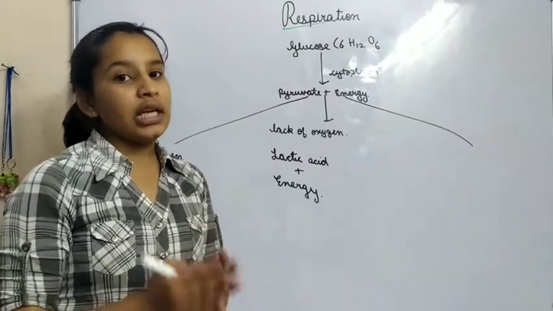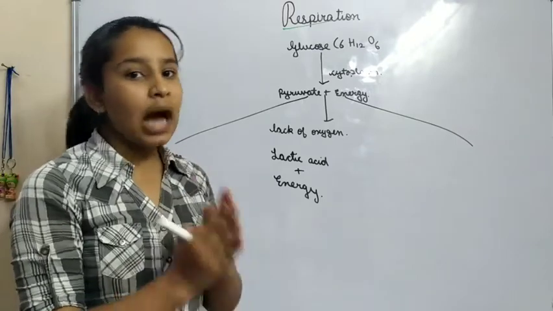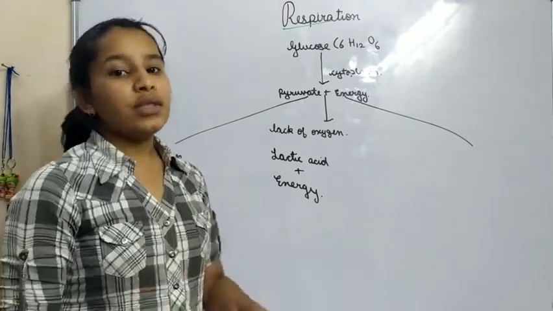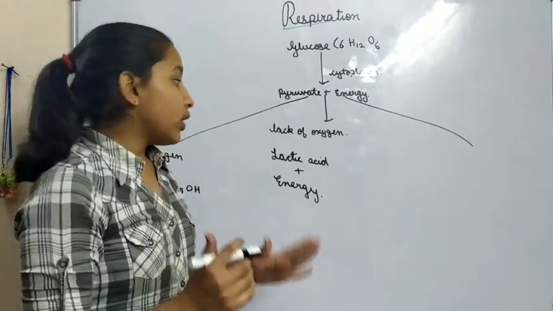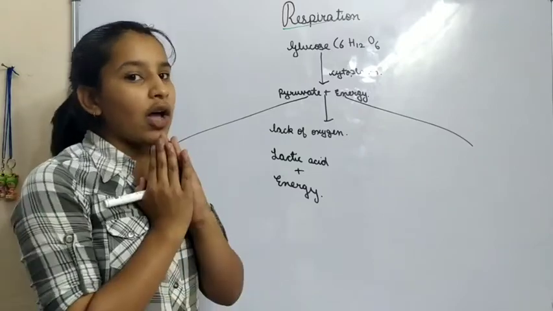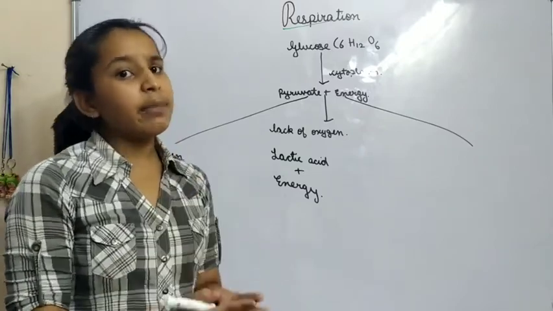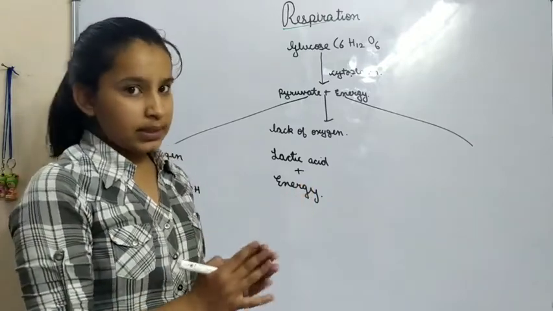In your daily life, when you do a lot of hard work in which muscles are involved, it causes pain and cramps in your muscle cells. This is an example of lack of oxygen, because the muscles don't get the amount of oxygen required, which causes cramps and pains.